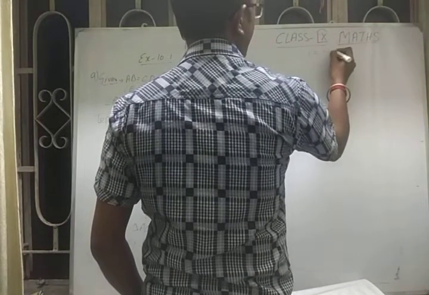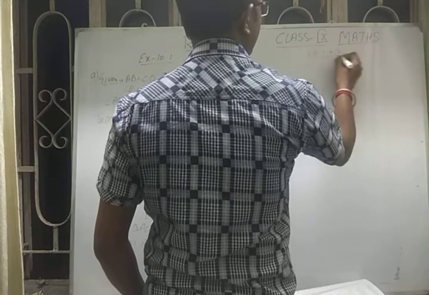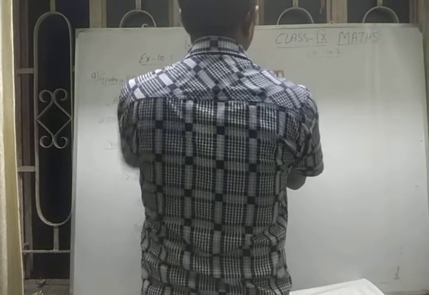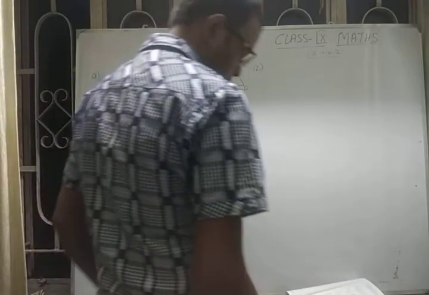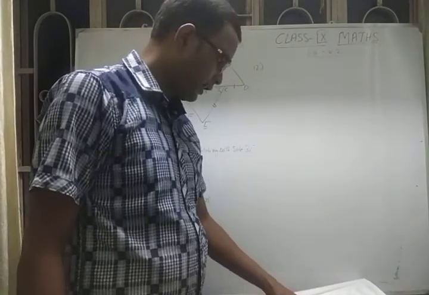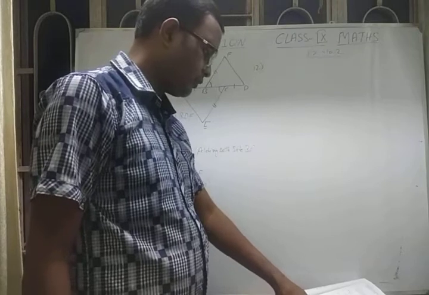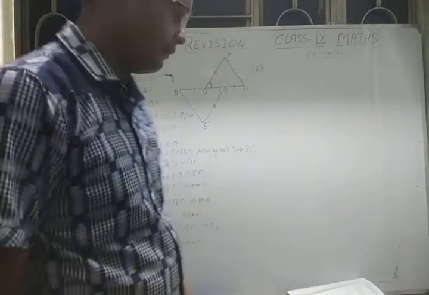How will you prove? What is the question? ABCD is a rectangle, and X and Y are points on the sides AD and BC respectively. That means we have to draw a rectangle first.